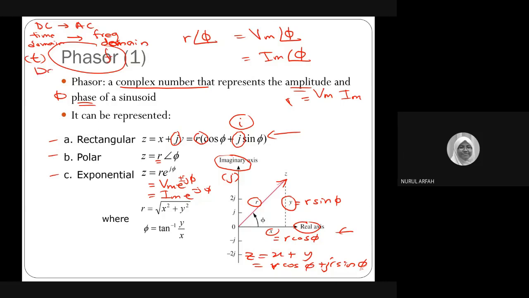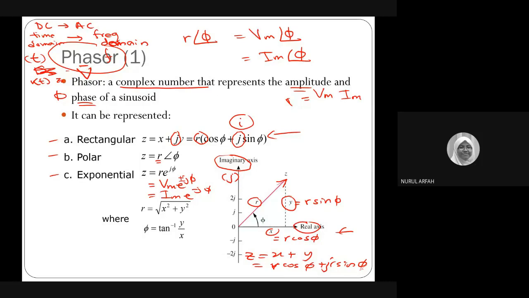From DC to AC. If I put it in terms of the voltage signal, then we write it like this: v small letter with respect to time. But in AC form, or in phasor form, it becomes V bar, V capital letter.